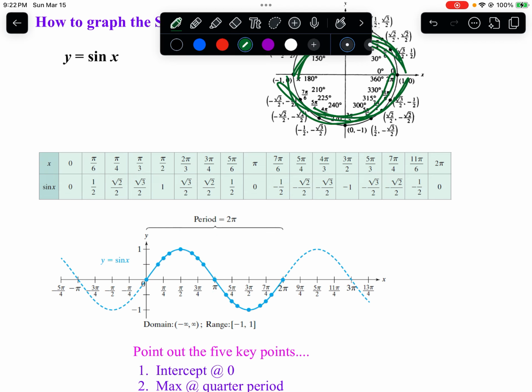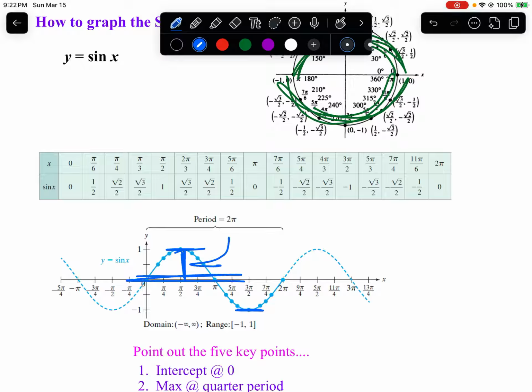With sine functions, and actually cosine functions too, the domain is all real numbers, so you can plug in any angle. But with the base sine function and cosine function, it reaches a height of 1 and goes down to -1.